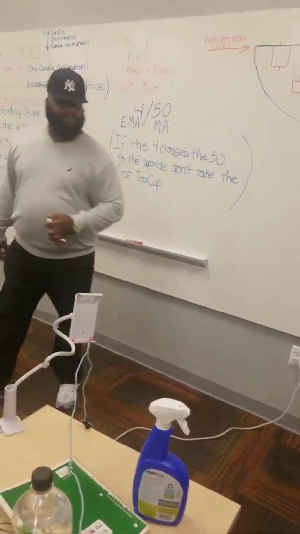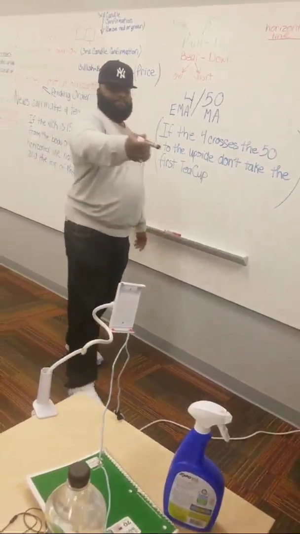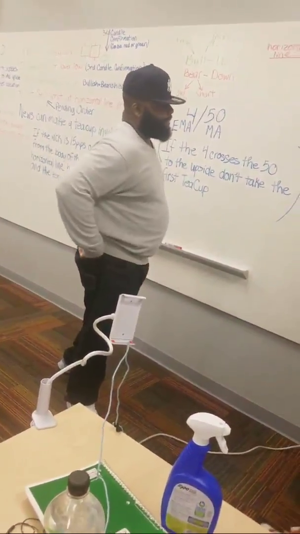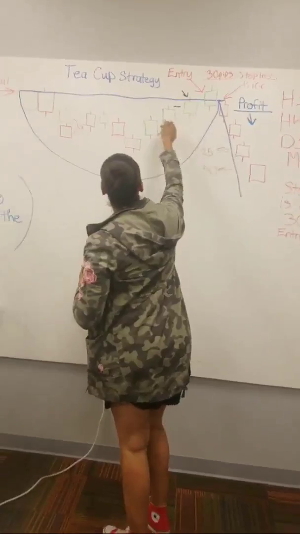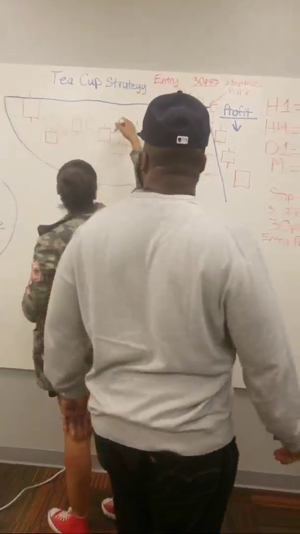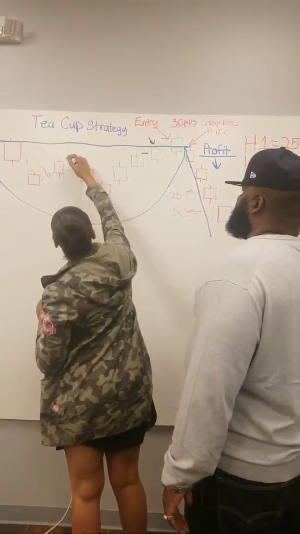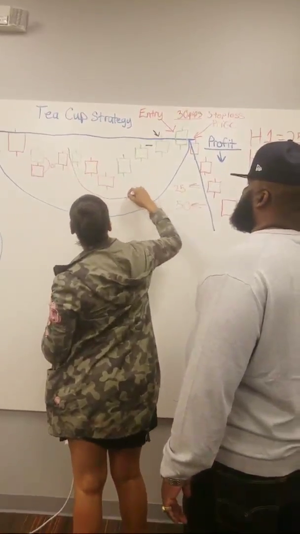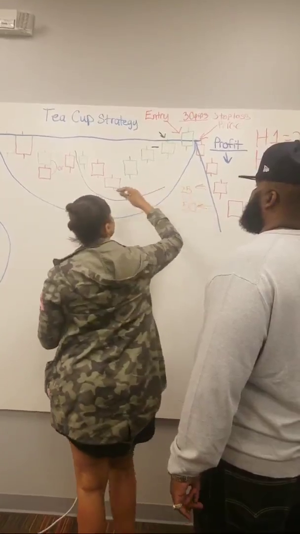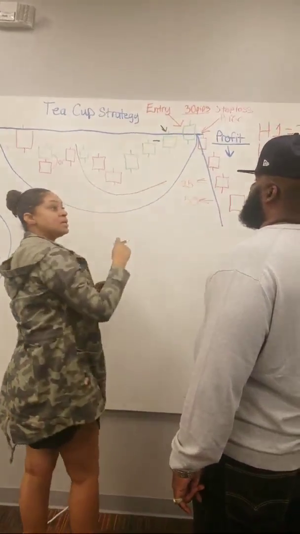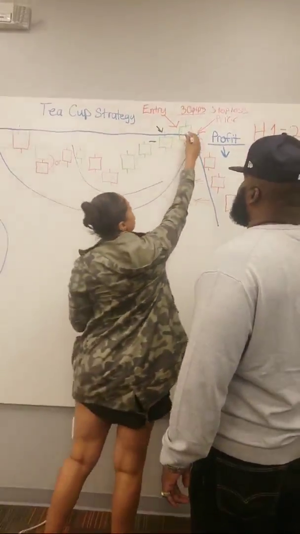Can I ask something? This is what I've noticed. If you're in this right here, the 4 is up here moving through this. But when it's coming down, sometimes you'll have the 50 move down here. Have you noticed that those are less likely to hit? If the 50 moves down where?